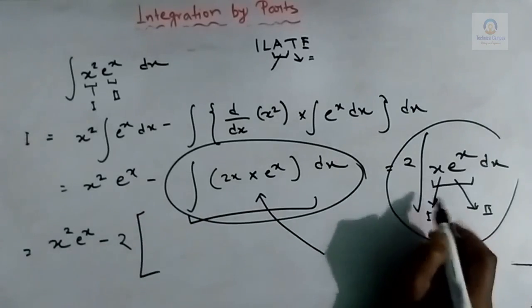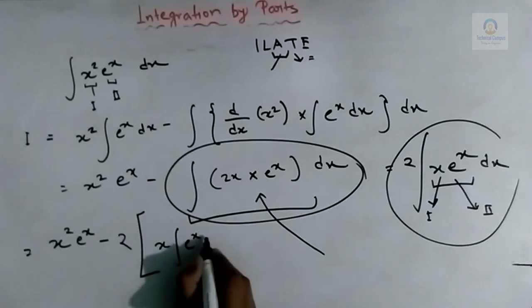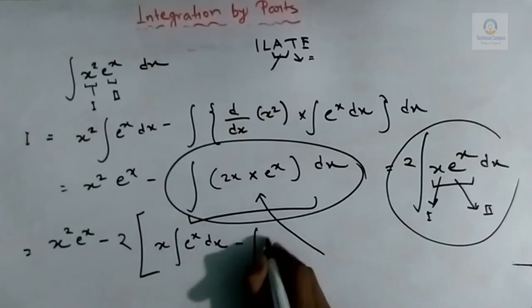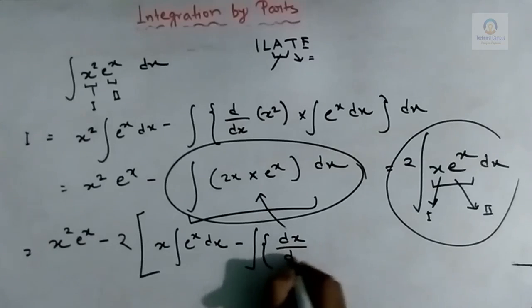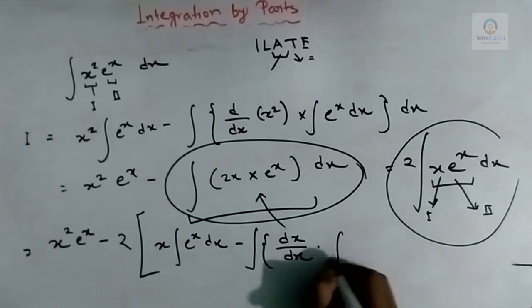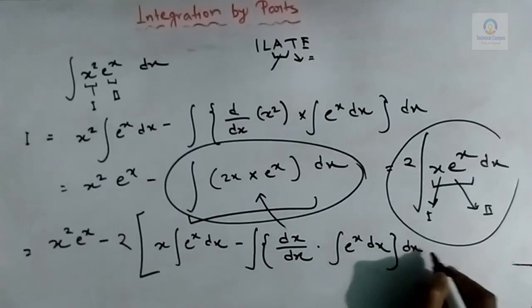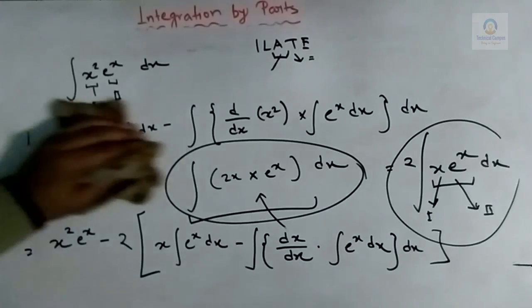First function into the integration of the second function, that is e^x dx, minus the integration of the differentiation of the first function, that is dx by dx, into the integration of the second function e^x dx.